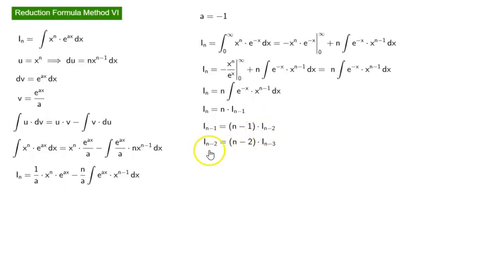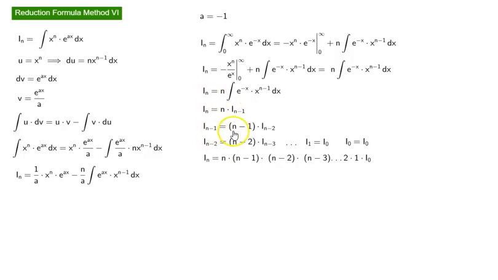I sub n minus 2 is equal to n minus 2 times I sub n minus 3. And we keep going in the same pattern. We have I sub 1 is equal to I sub 0. That means we still have to figure out what I sub 0 is.